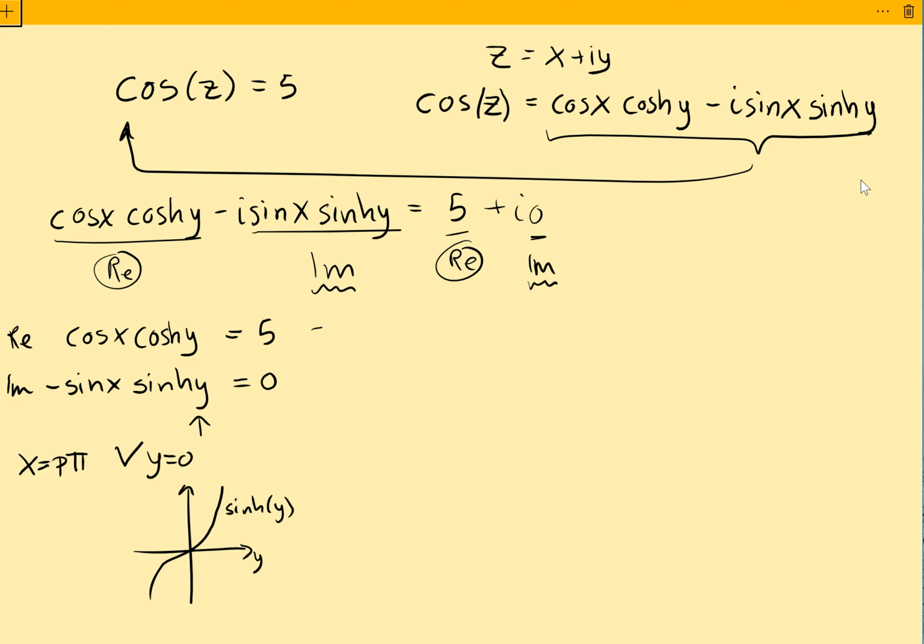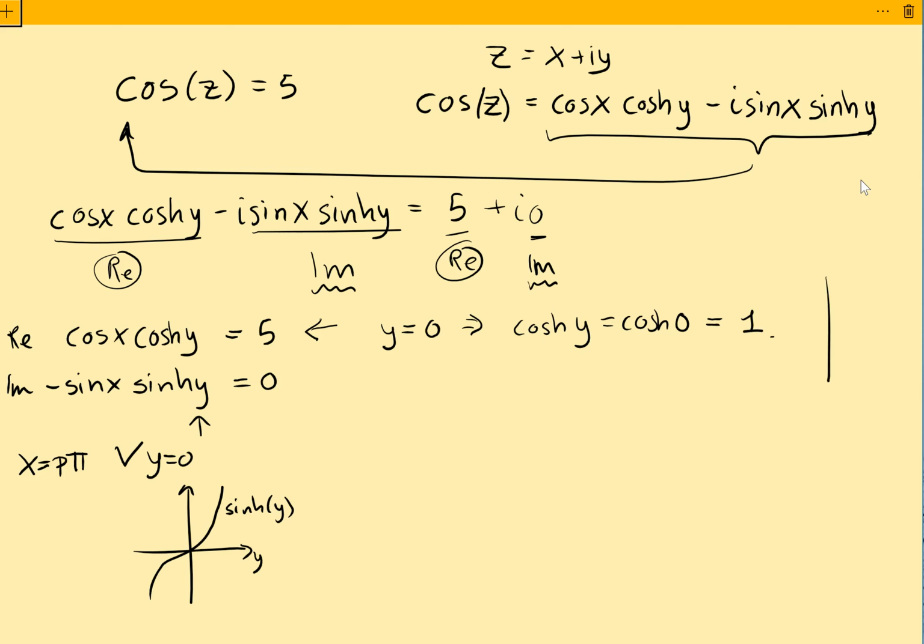If we look at the real part here, let's start out with the possibility of y equaling 0. If y equals 0, then cosine hyperbolic would be cosine hyperbolic 0, and that's 1.